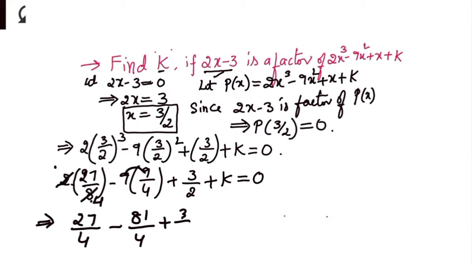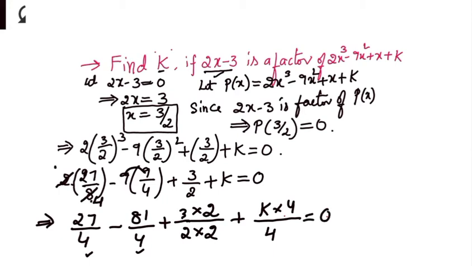Here there is 4, here there is 4. If we get the denominator 4, it is easy to do the problem. So I am making this 2 into 4 by multiplying with 2, so 2 2s are 4. Similarly we have to multiply the numerator also. Plus k also, if there is 4 it is easy to do the problem. So that's why I am multiplying with 4 numerator and denominator, that is equal to 0.